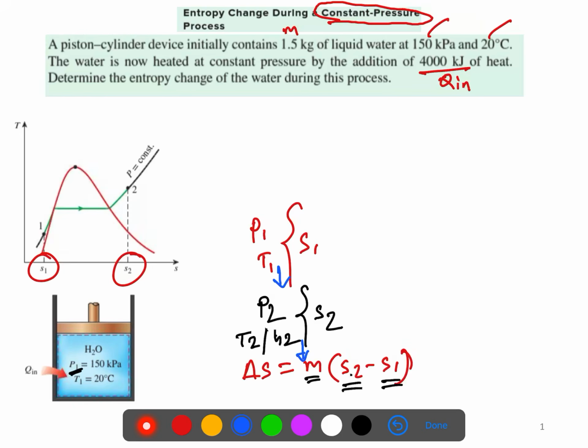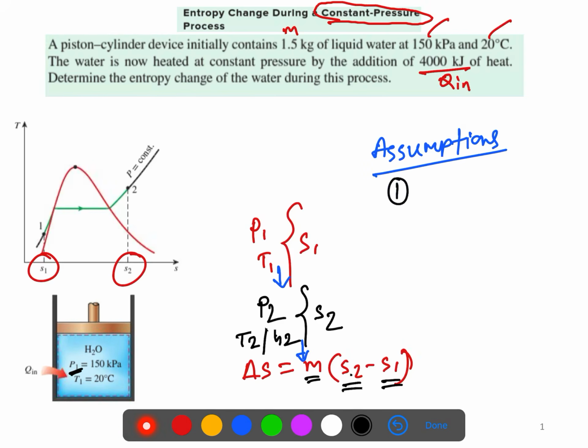Now we start with the solution. Here we will write down some assumptions. We have this piston cylinder device, and inside the cylinder we have the water, H2O. It is not moving, it is a stationary object, so the kinetic and the potential energy change will be zero.